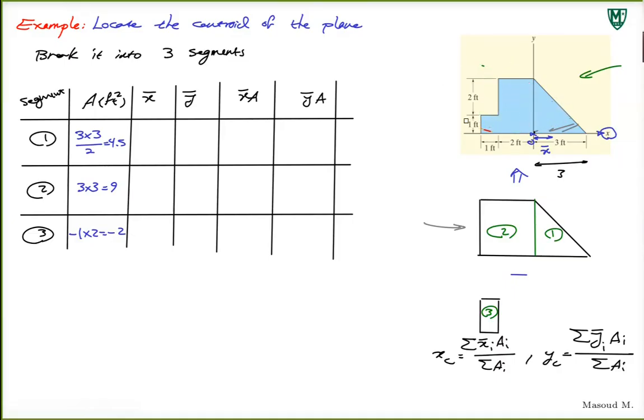Let me clean things up. Now we're trying to find its centroid. I want to make sure you understand how you use the table. This is the triangle we're looking at. We want to find out where the centroid is. Let's say here. This centroid is located at this distance from one side and this distance from this side.